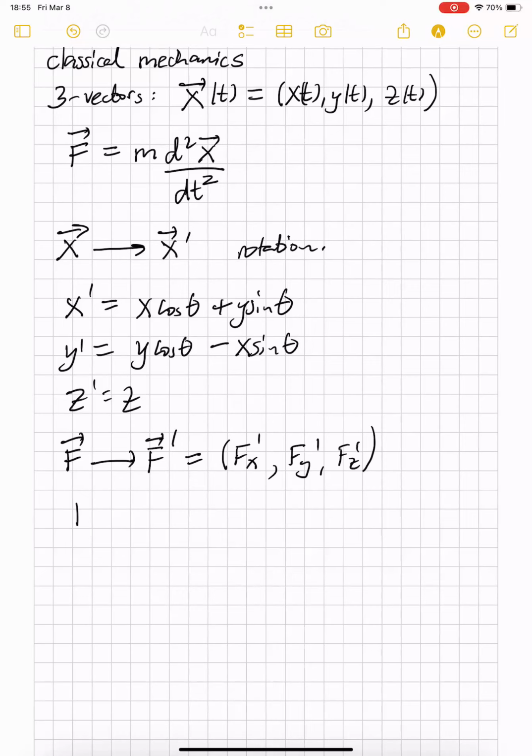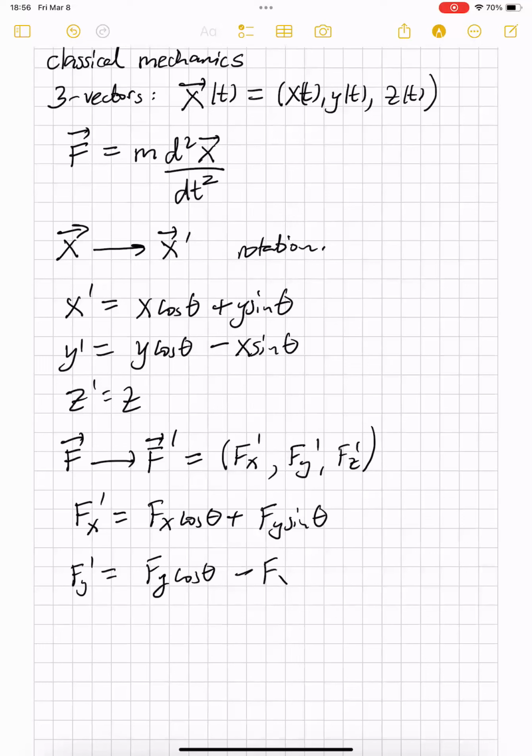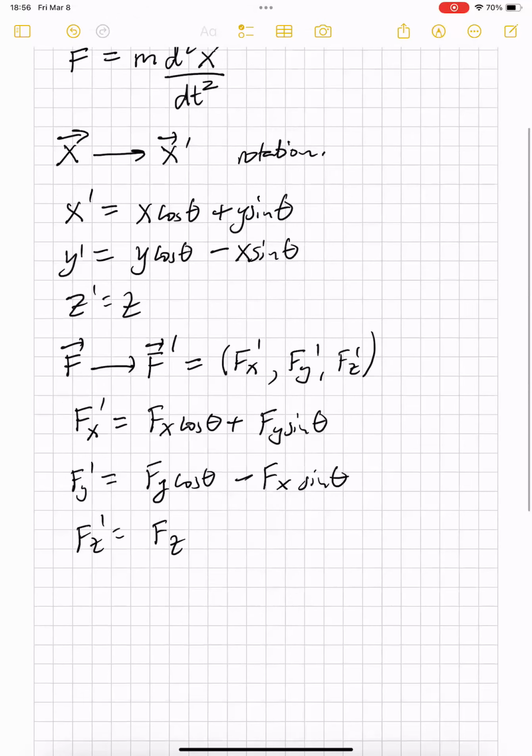What I mean when I say that all vectors transform in exactly the same way is that Fx prime would be equal to Fx cosine theta plus Fy sine theta. Fy prime would be equal to Fy cosine theta minus Fx sine theta, and Fz prime would be equal to Fz.